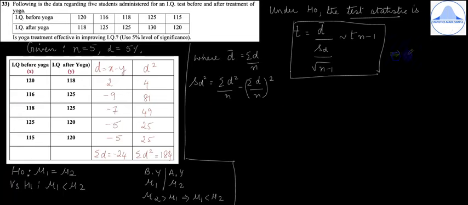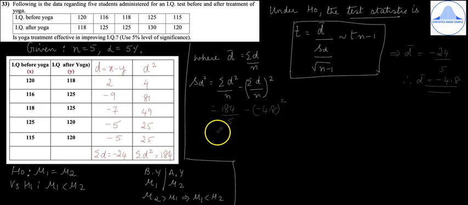So moving back to the calculations in the formula, I'll do the calculations here. So you'll get d bar is equal to minus 24 divided by 5, so d bar is equal to minus 4.8, and sd square will be equal to 184 divided by 5 minus summation d by n the whole square, which is minus 4.8 the whole square.